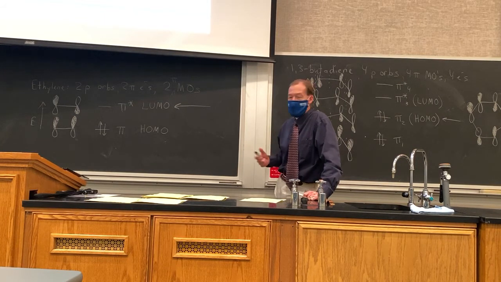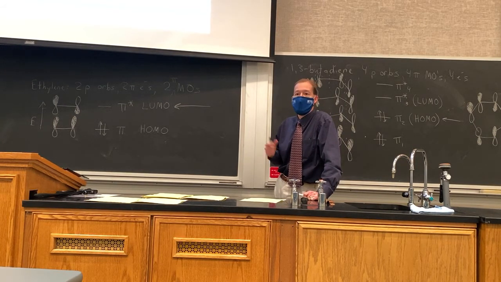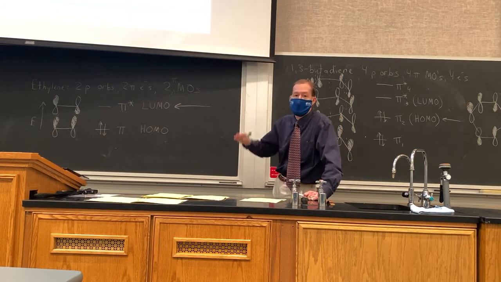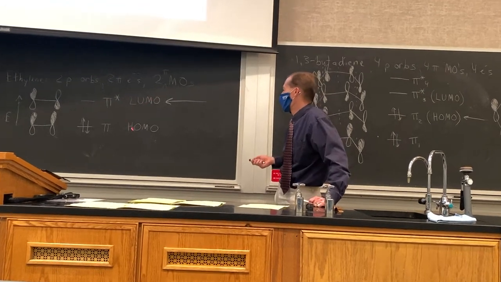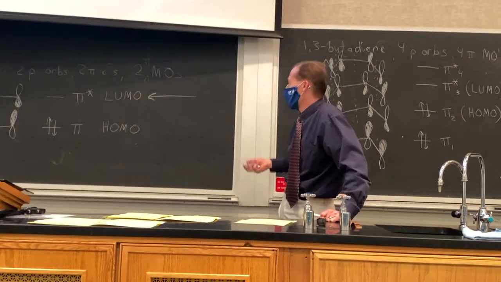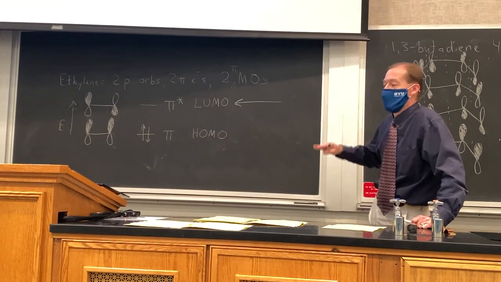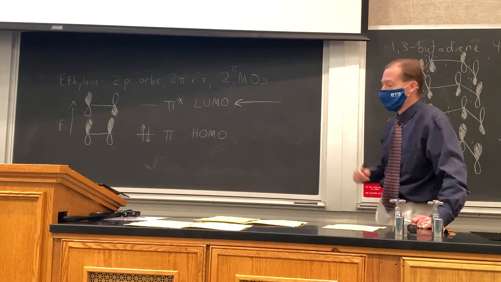In molecular orbital terminology, when we make it more of an electrophile, what happens is the energy of the LUMO will be lowered. Okay? It's not going to be lower than the HOMO. It's still going to be higher than the HOMO. But the energy of that LUMO is going to drop. It's going to decrease. Okay?